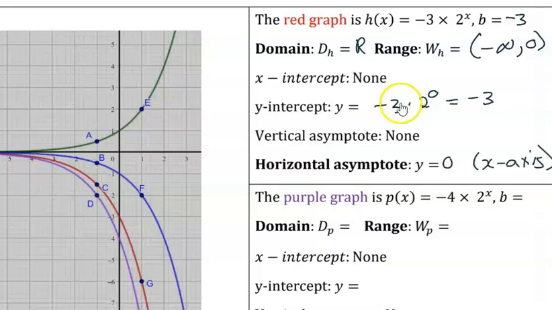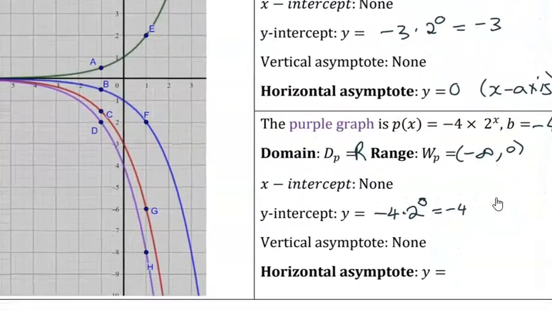My purple graph is now -4 times 2 to the x, and my b value is -4, my domain is R, my range is -infinity up to 0. My y-intercept is -4 times 2 to the 0, so that is -4. I do not have a vertical asymptote, but my horizontal asymptote is still y equal to 0 or the x-axis.